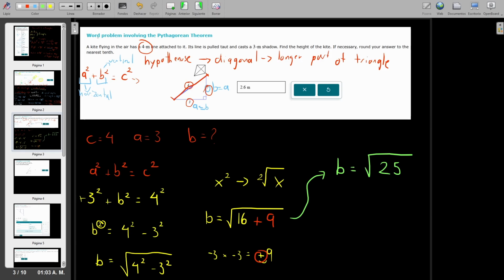Okay. Now that I have made my calculation, sorry again for this part. I'm going to be erasing this. Don't worry.